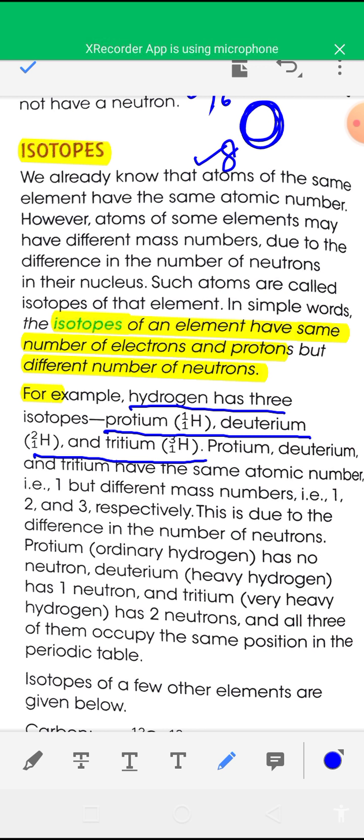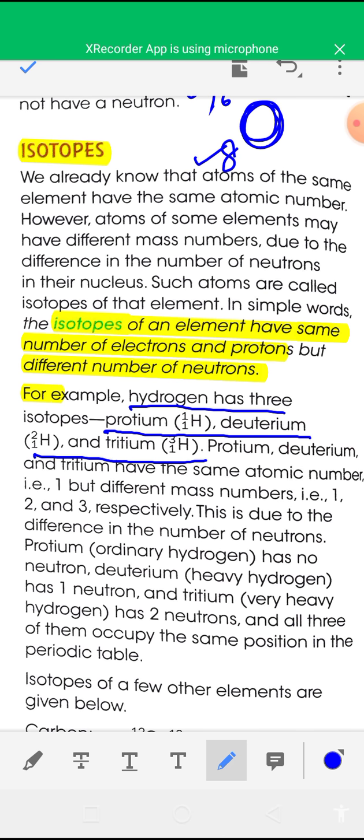In protium the mass number is 1, in deuterium 2, in tritium 3. The difference in mass number is due to the difference in the number of neutrons in the nucleus.